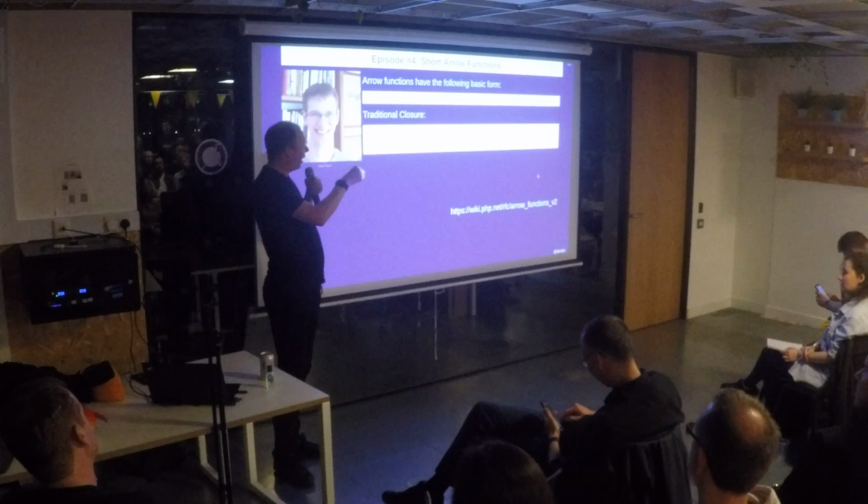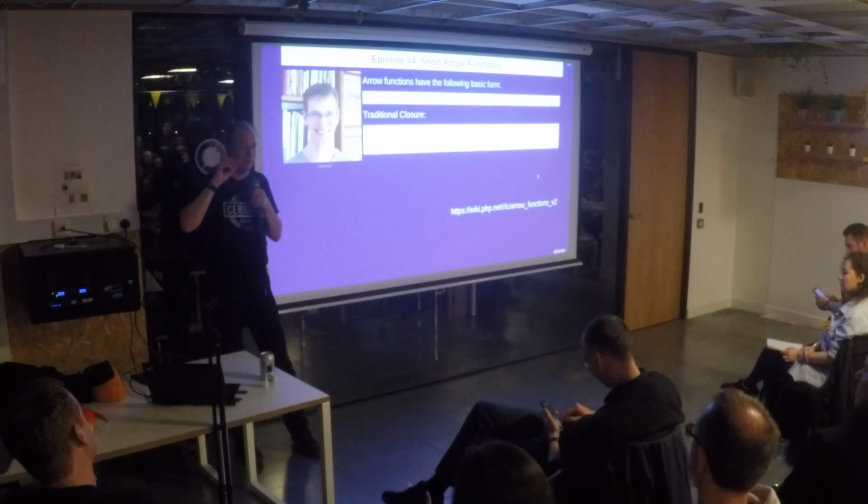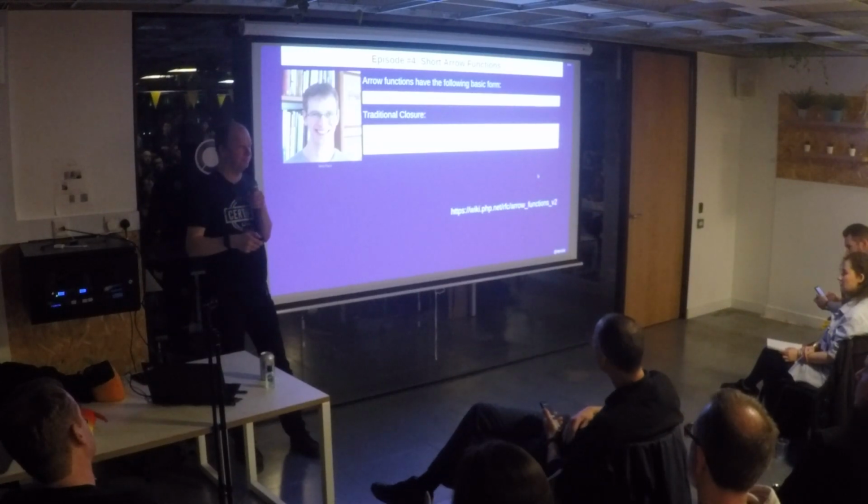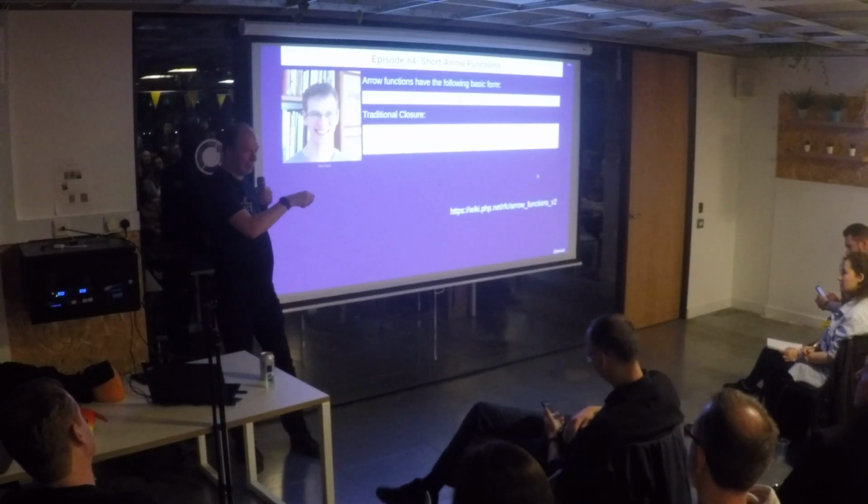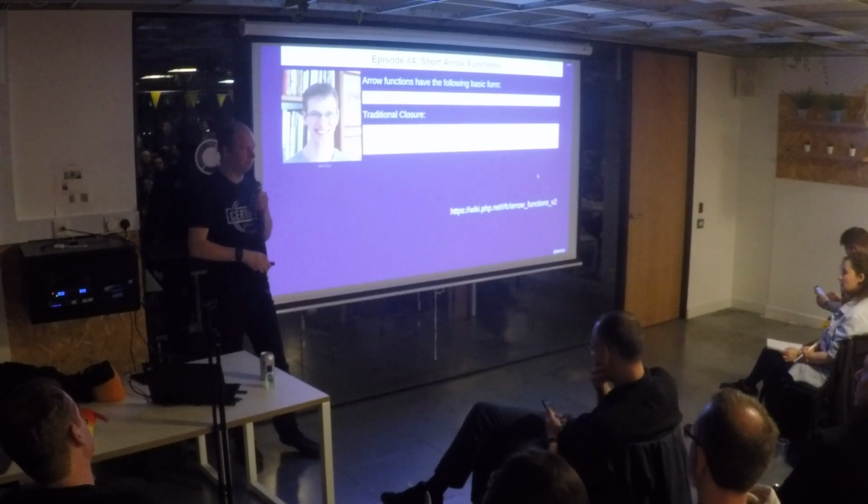Then you have a list of arguments, the ones that you need to pass in when you call the closure, so the x. And then it says use y, and the y is bound to the scope that defines the closure. If you don't do that, then there will be no y variable available within the closure.